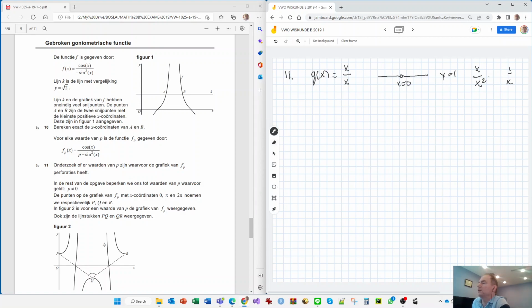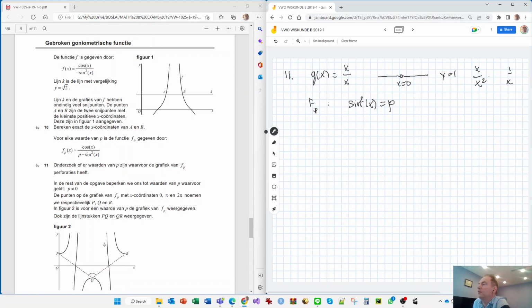So what are the non-permissible, non-allowed values of f_p? Well, if the sine squared of x is equal to p, this is not defined. These x's here are not in the domain of the function. So the question is, do you get finite values for these, for the function?